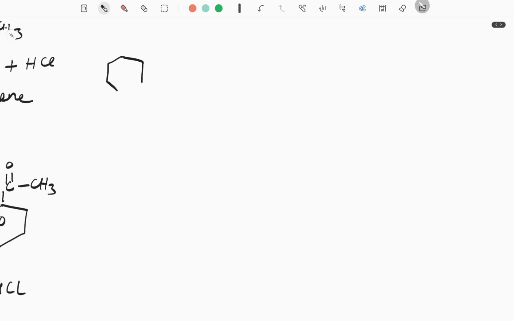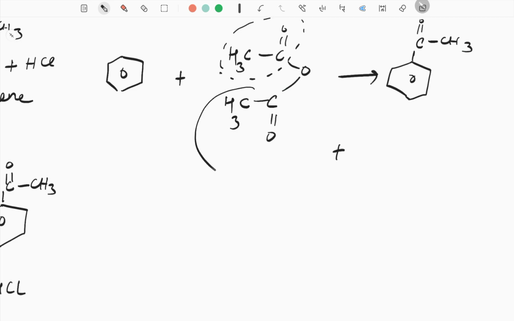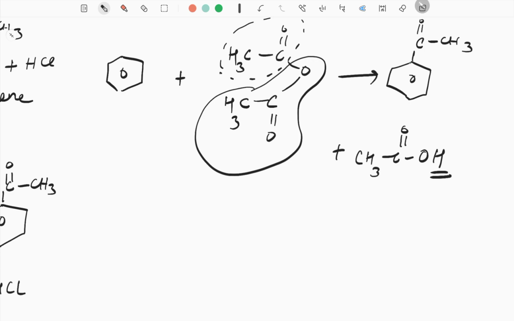Again, do this reaction with another example, CH3COOCOCH3. This part will add to benzene giving COCH3 plus CH3COOH. This group is substituted, removing hydrogen.